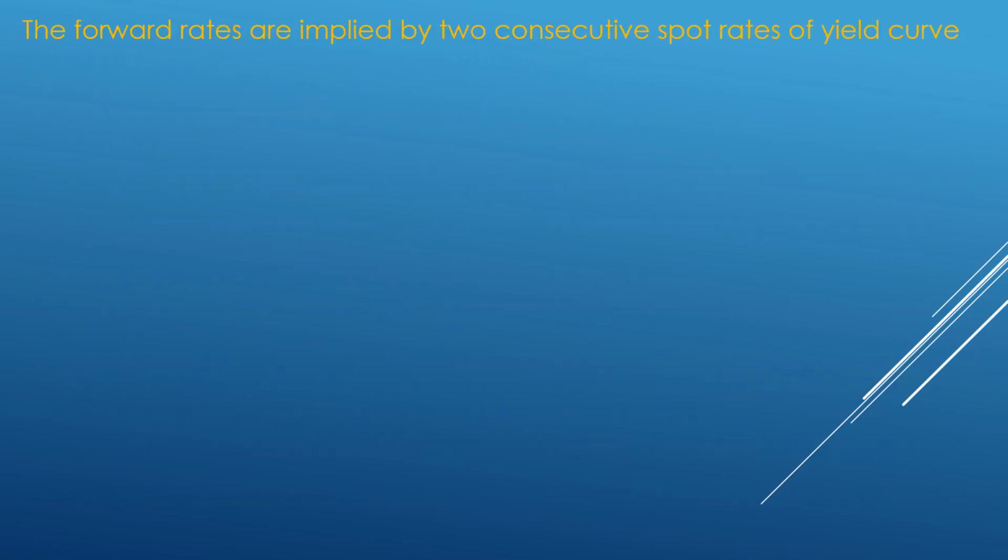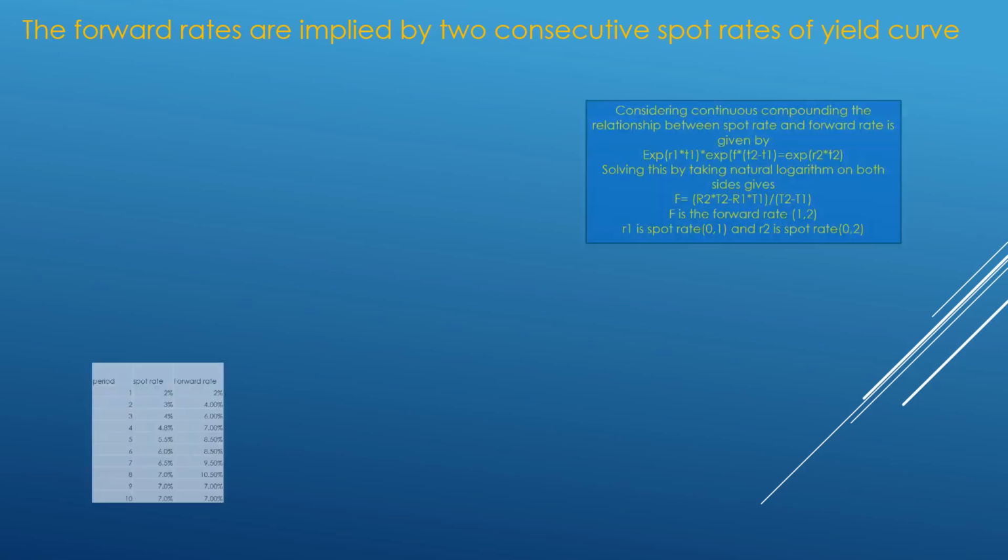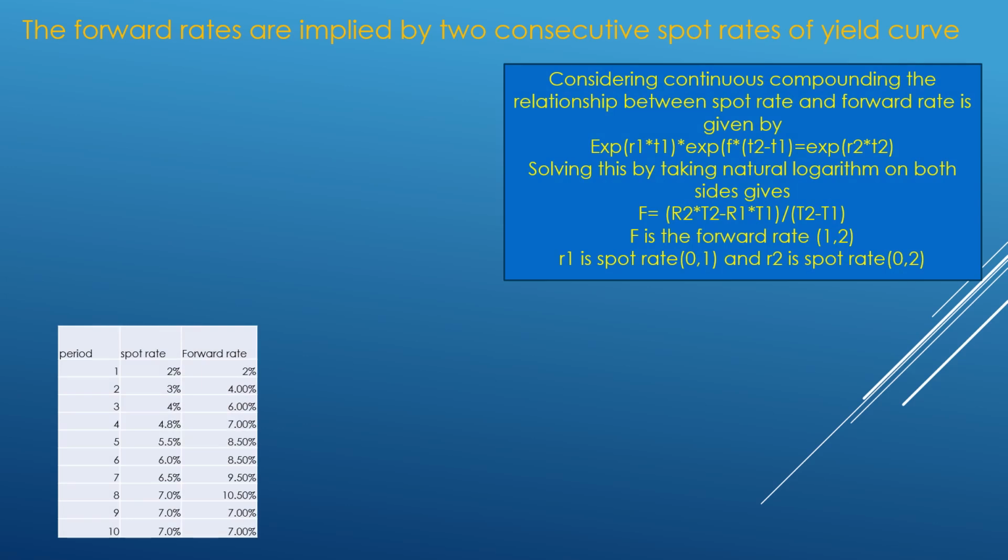Now, the forward rates are implied by two consecutive spot rates of the yield curve. The forward rates are not directly visible on the yield curve but are calculated from the spot rates. Considering continuous compounding, the relationship between spot rate and forward rate is given by this formula.